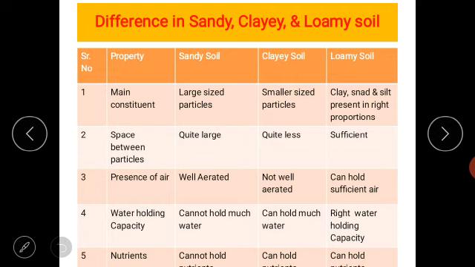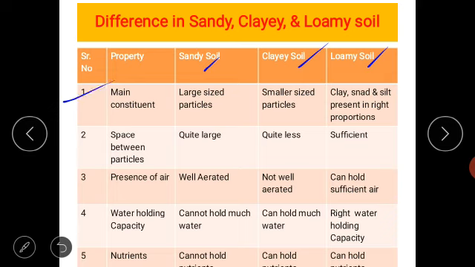There are 5 different properties of the soil, and depending upon those we can compare and categorize sandy soil, clay soil and loamy soil.